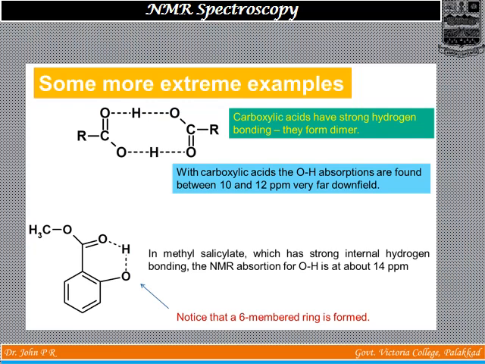That is a parameter which is directly connected to the environment of a particular hydrogen. I repeat, this dependence of nu on the structure or the environment of the hydrogen nucleus is the ultimate reason for the importance of NMR spectroscopy in organic chemistry or in structural elucidation experiments.